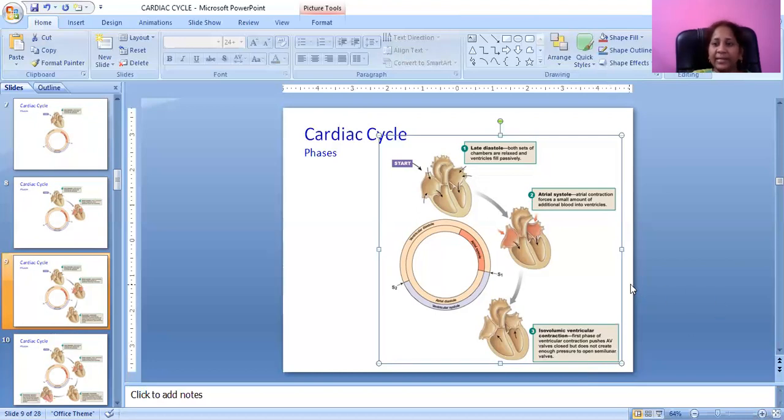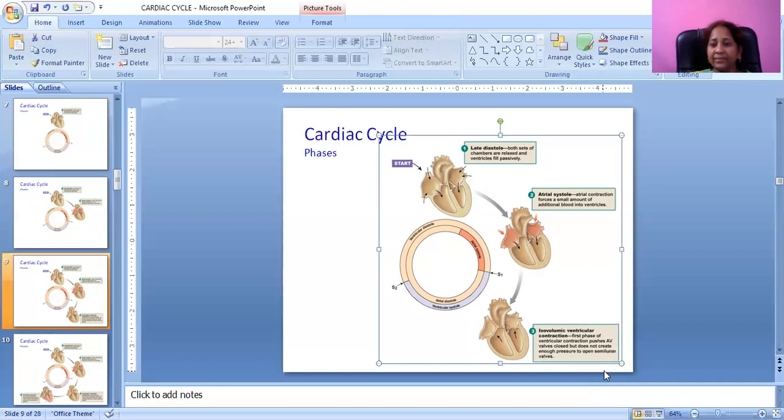After that, atrial contraction happens, due to which a small amount of additional blood is forced into the ventricles. Then in ventricular contraction, the first phase pushes the AV valves closed but does not create enough pressure to open the semilunar valves.